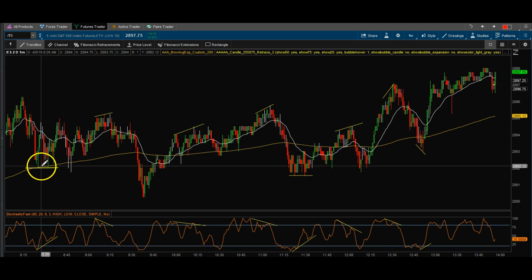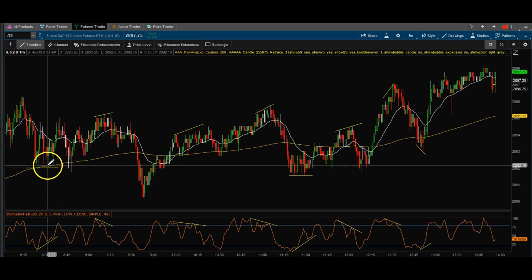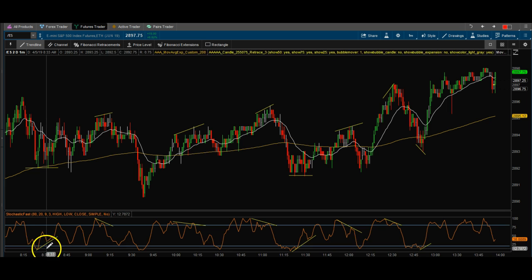Now what happens is we then bounce, and then we make a double bottom low. But look at where the stochastics are. They should actually be all the way back down here, but they're not, and that's what creates the divergence.